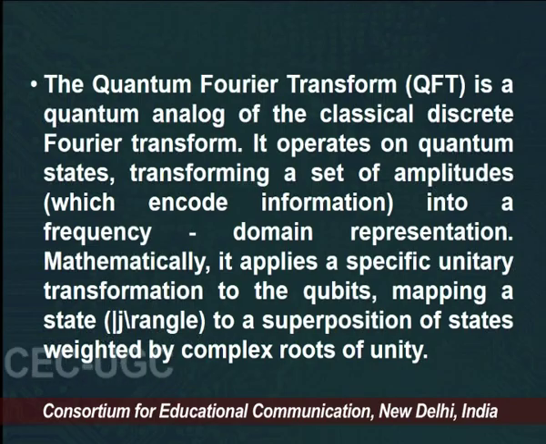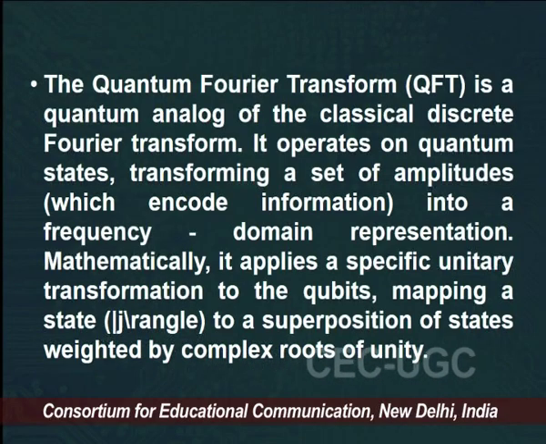In frequency domain representation mathematically, it applies a specific unitary transformation to the qubits, mapping a state to a superposition of the states weighted by the complex roots of unity. So, we can apply the specific unitary to the qubits in the quantum Fourier transformation.